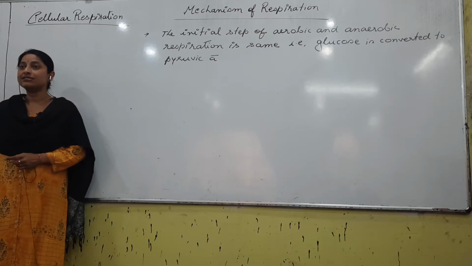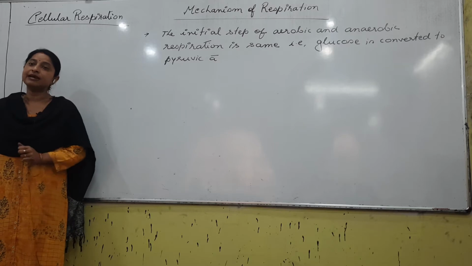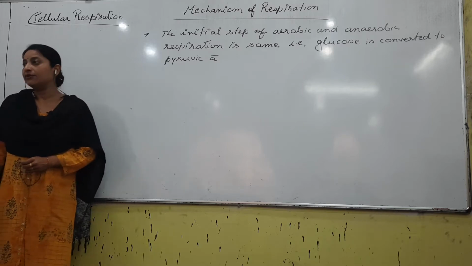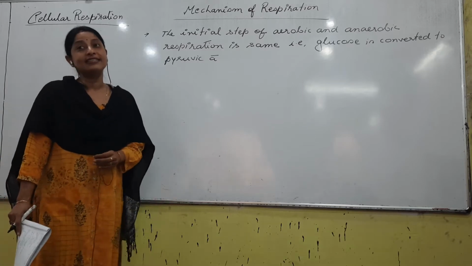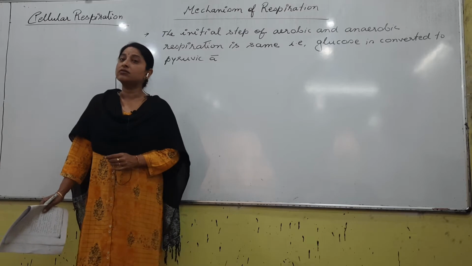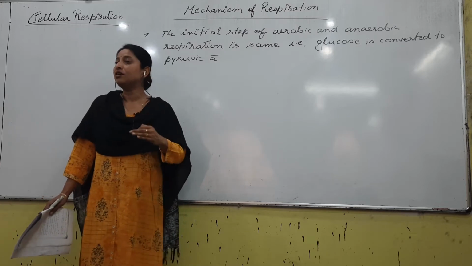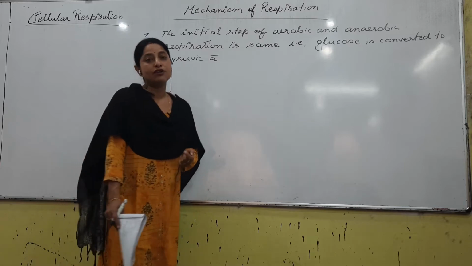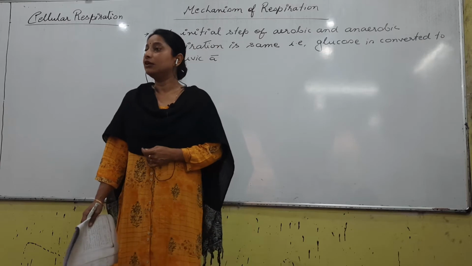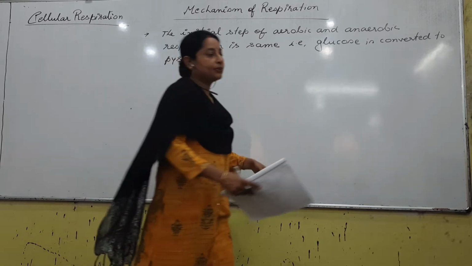Oxygen plays no role in this process. In aerobic respiration the first step is glycolysis, and in anaerobic respiration the first step is also glycolysis. It's only after pyruvic acid that it will be decided whether it is aerobic or anaerobic. If pyruvic acid is oxidized with oxygen into further products, then the process is aerobic respiration, and if pyruvic acid gets further broken down in absence of oxygen, then we call it anaerobic respiration. I think this line is understood, right?